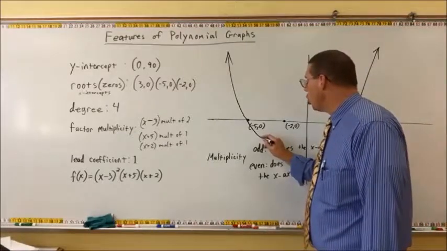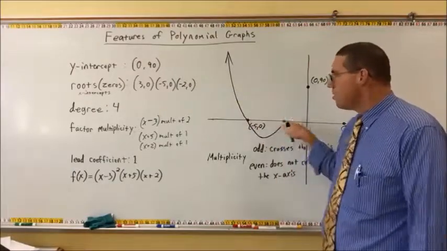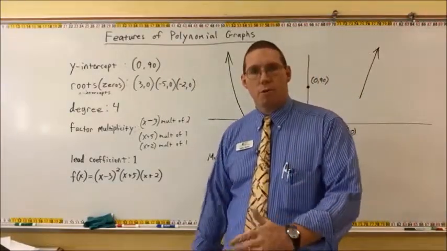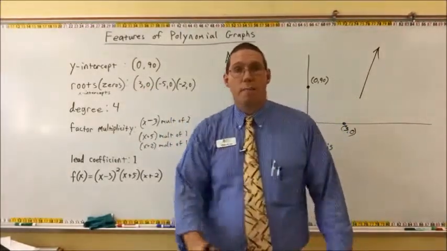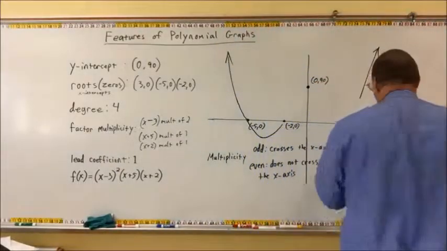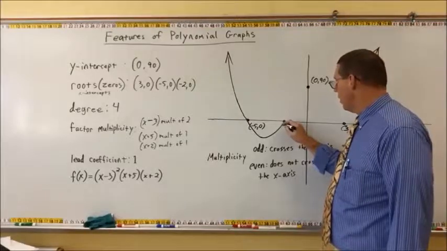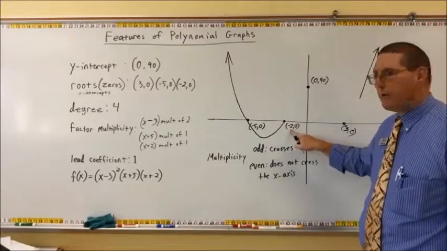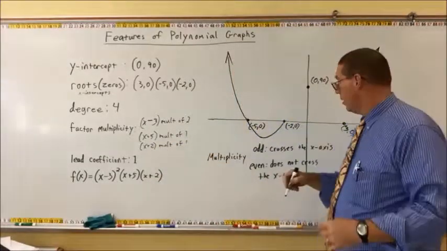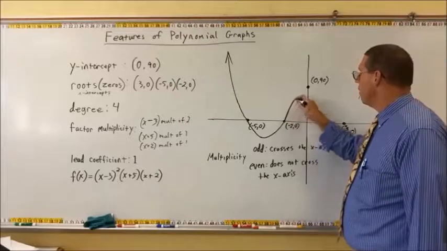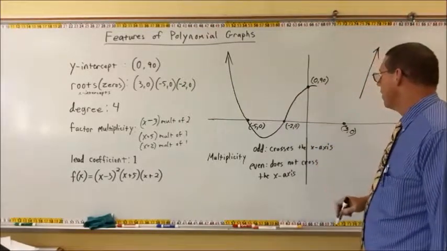Then we have to turn around and head back to the x-axis, because between the roots, the curve may cross over, but then it has to turn around and come back so it hits the graph in the right places. So here it's going to hit, and is the multiplicity odd or even here? For x plus 2, the multiplicity is 1. That's odd, so it's going to cross over. Then it has to aim for the y-intercept, so it's got to go through there.